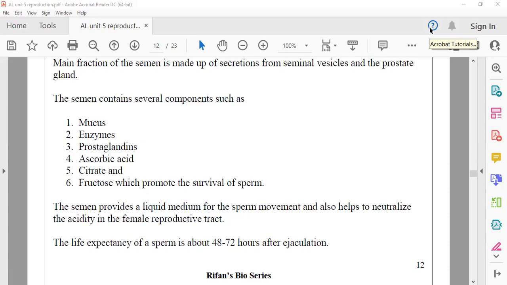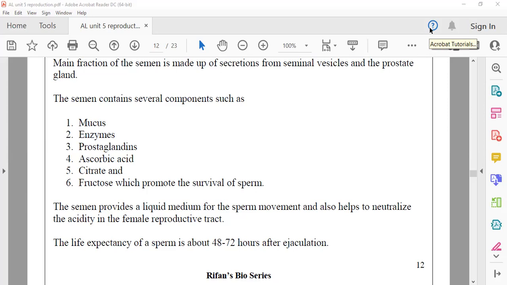The female reproductive tract, her vaginal area, is acidic. If sperms come to an acidic place, the sperms will be killed. Understood? Yes, sir. But anyway, semen should be released into the female reproductive tract.